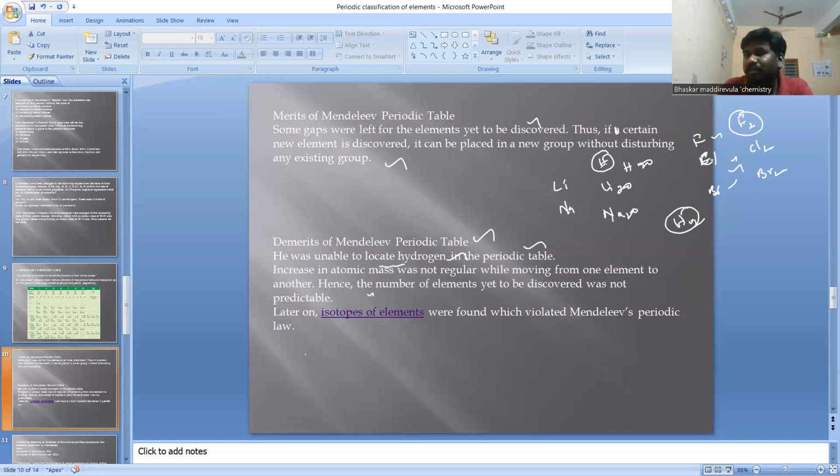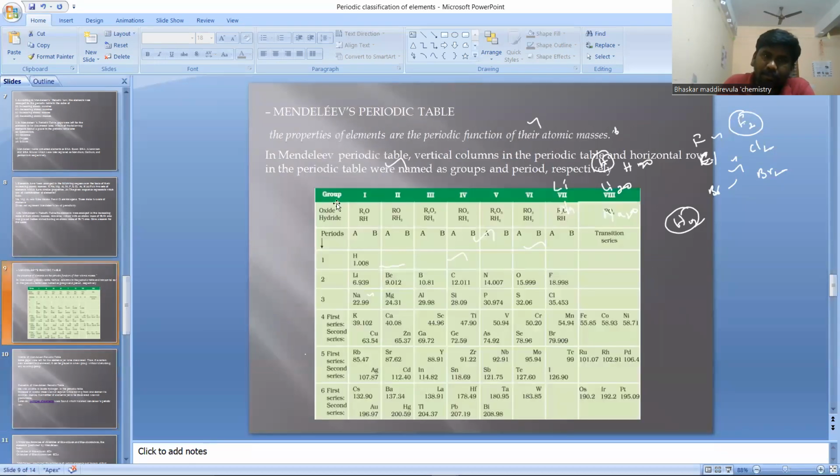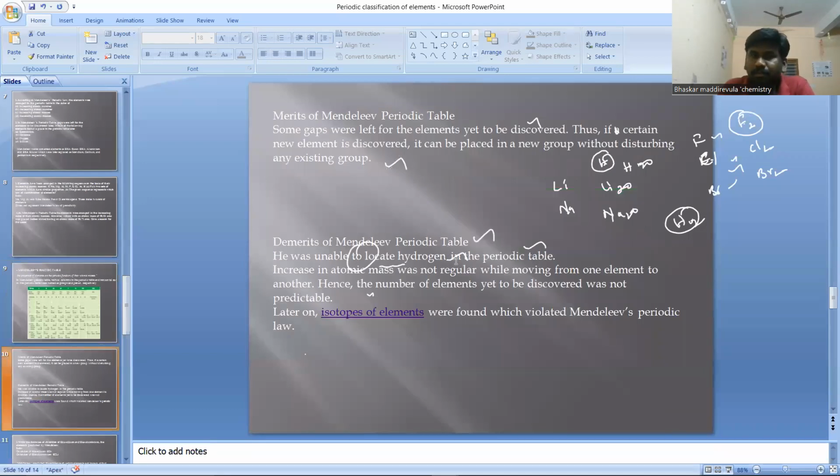But he simply kept it with the first group elements. If you see the table, hydrogen is there with the first group. So he was unable to give a correct position to hydrogen.